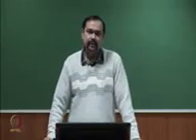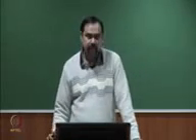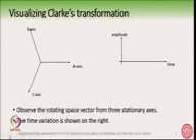Now let us visualize this Clarke's transformation. Here I have shown three axes, A, B, C. These are stationary axes, and let us first put this space vector IAT, which is basically rotating.